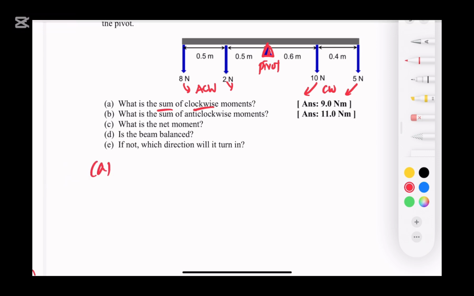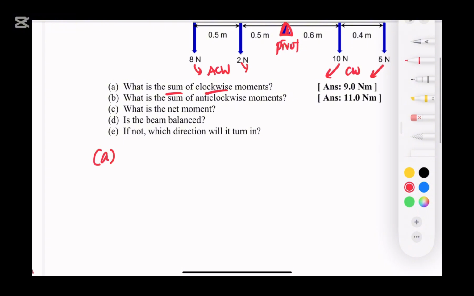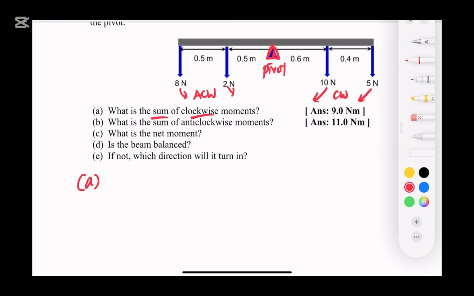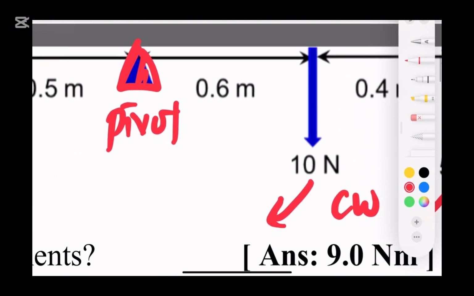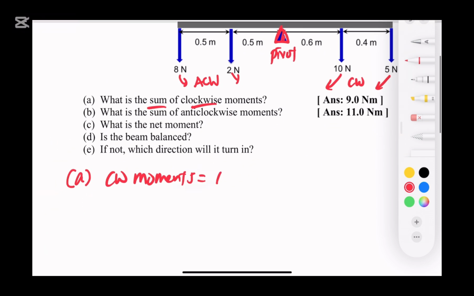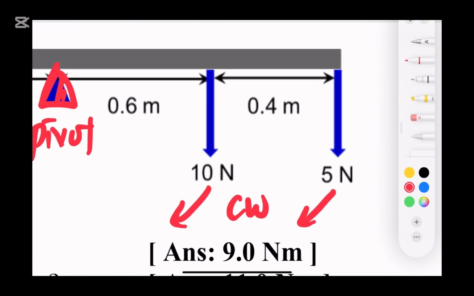For part A, we look at the two CW moments here. We must be careful with the perpendicular distances when we calculate all this. CW moments: I have two players at play. One is this 10 newtons multiplied by 0.6, so the first one is 10 multiplied by 0.6 meters. Then you add on the second one. The second one is a little bit tricky. Please don't get fooled.